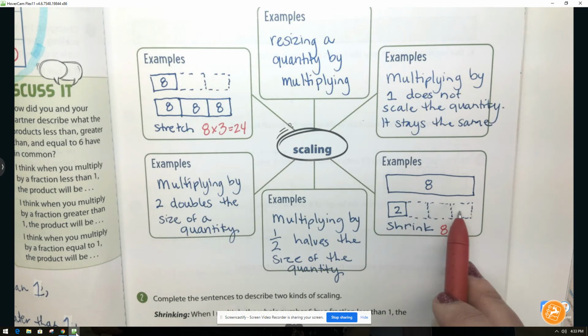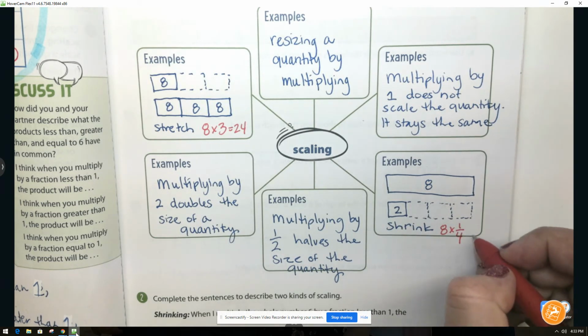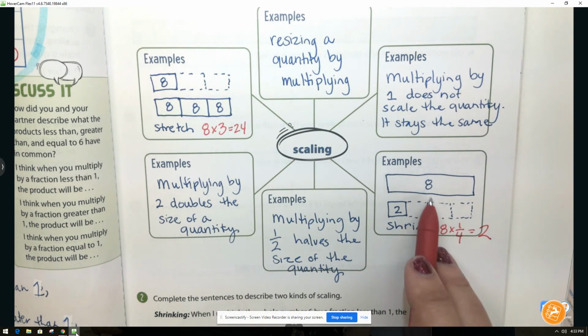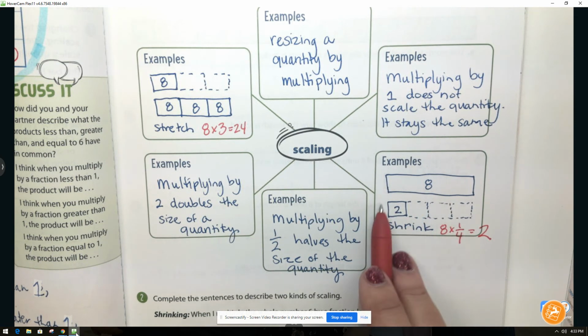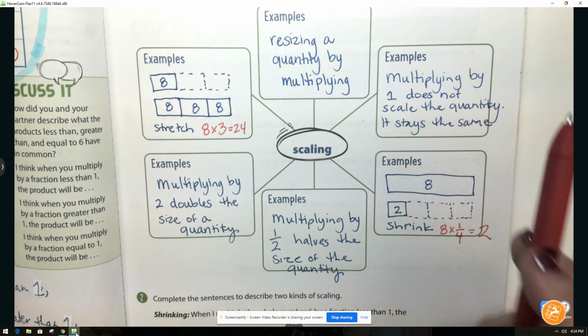So if I cut 8 in fourths, 1, 2, 3, 4, 8 times 1/4 equals 2. I've shrunk 8 and made it smaller to 2 because 1/4 is less than 1, so I'm going to get a resulting product of less than 8, the number I started with.